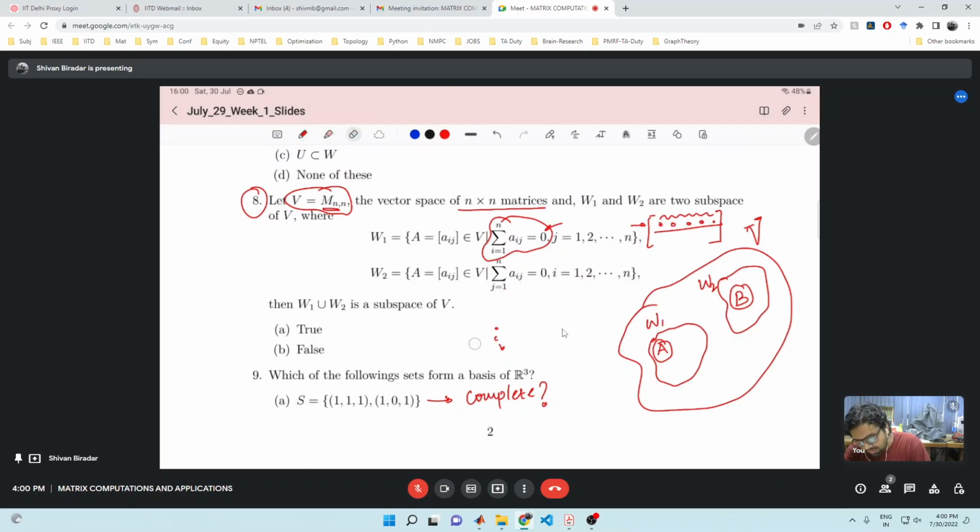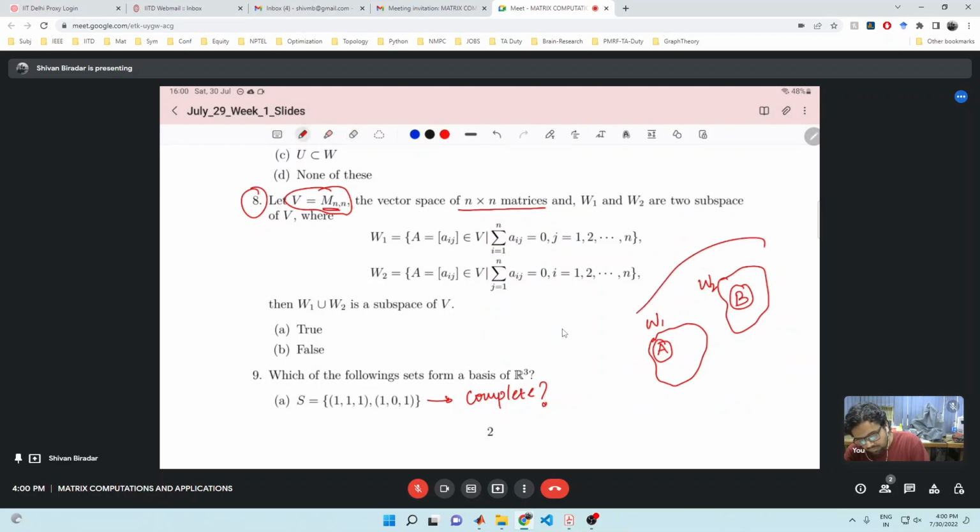The elements in W1 satisfy the row sum, so row sum is equal to 0, and the elements in W2 have column sum equal to 0.